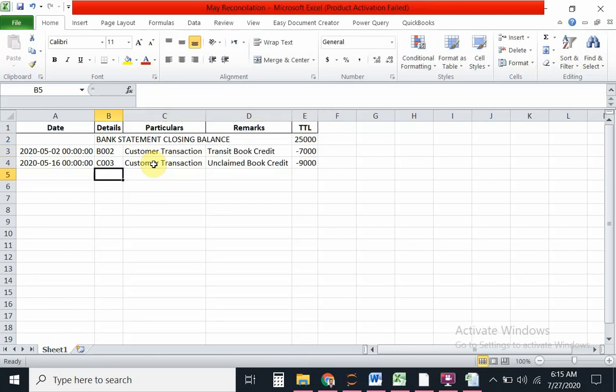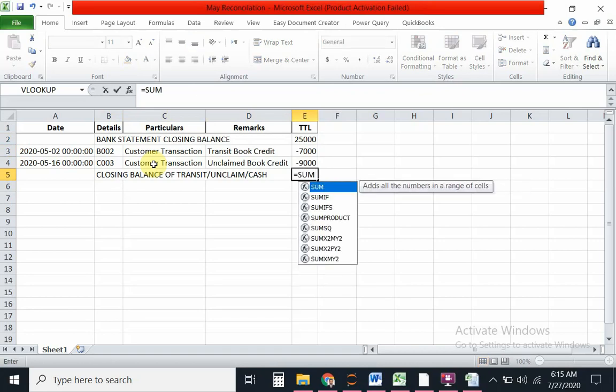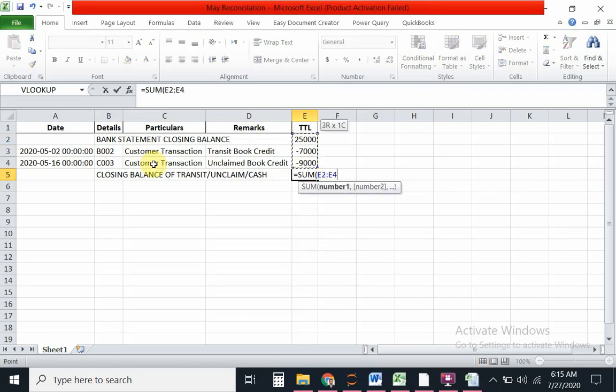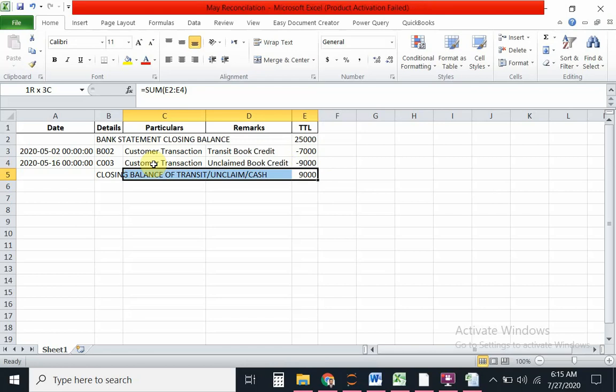And the main thing is the closing balance of the transit ledger, unclaimed, and cash. When I total this, it gives me 9,000.